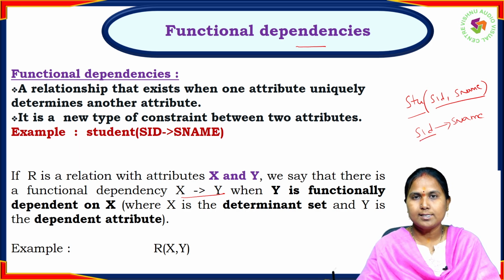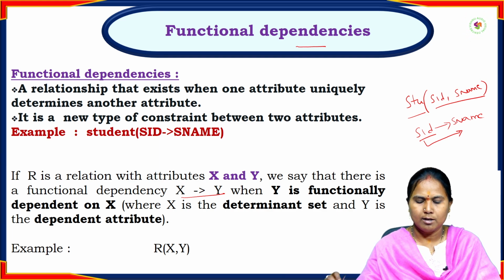That's why SID is called a determinant. This determinant determines the S name of that particular student. Every determinant points to a single value of the dependent. This association is called a functional dependency set.